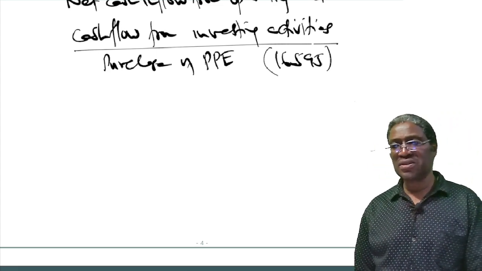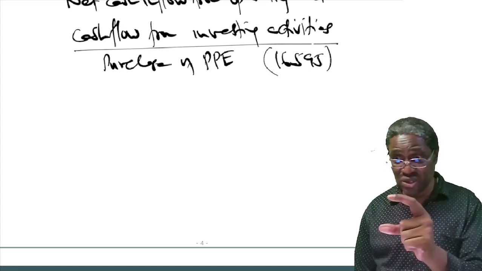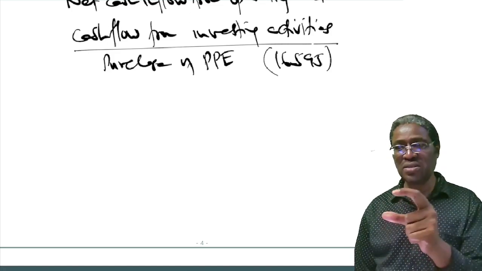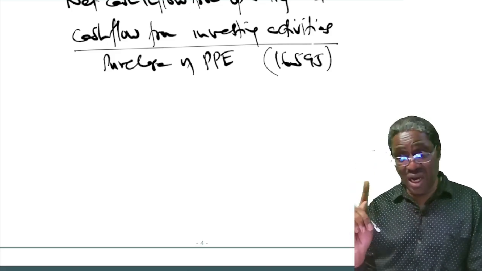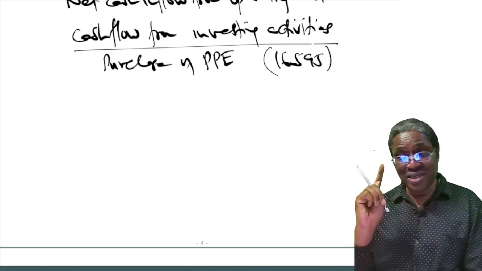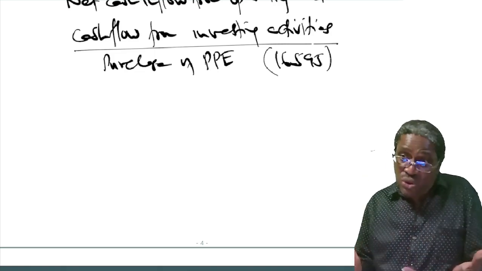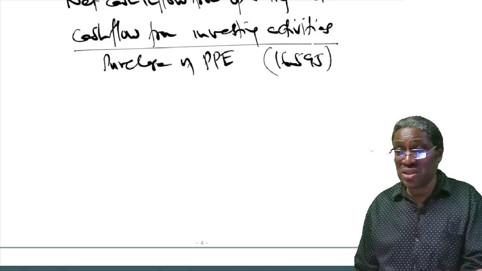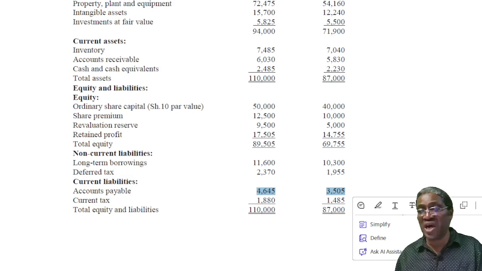After that, we are still looking for any other transaction affecting our non-current assets. To know which ones are there, you can go back to your balance sheet and check which non-current assets we had.